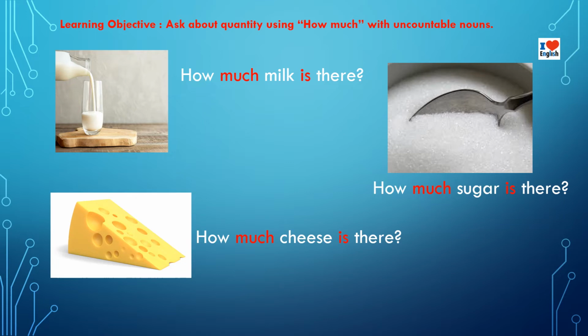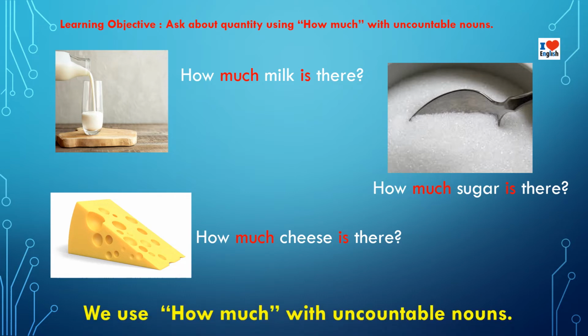They are always in the singular form. When we are using questions about quantity with uncountable nouns, we use the expression how much. And the noun is always in the singular form, also is in the singular form. So our rule is we use how much with uncountable nouns.